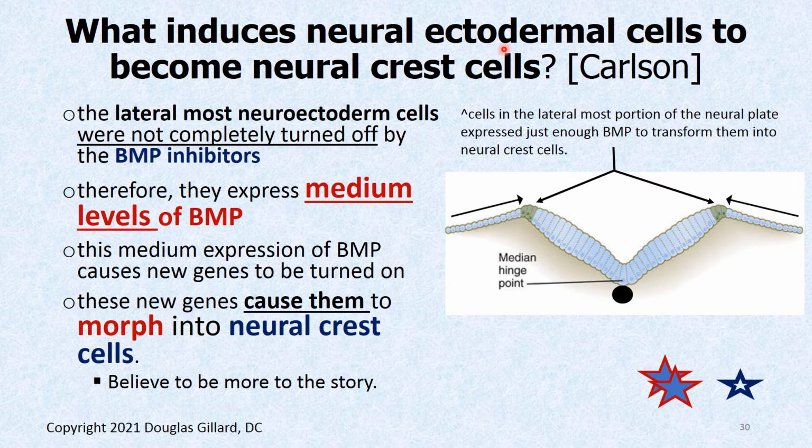So what induces the neural ectoderm cells to morph into neural crest cells? Well, it turns out that the lateralmost regions between the real ectoderm cells, which are secreting BMP quite strongly, and these neuroectoderm cells, which aren't secreting BMP, these cells right on the fringe actually secrete a medium amount of BMP, and that turns on genes within them.